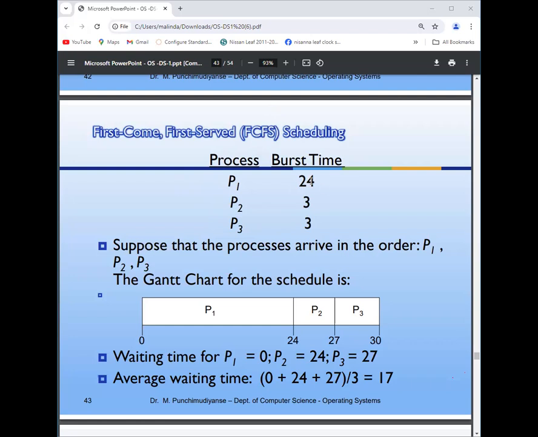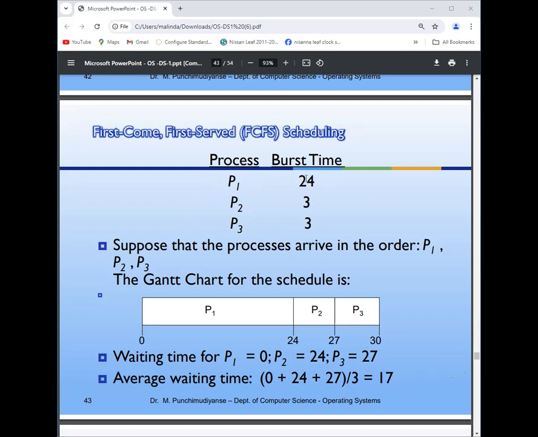Generally, we use milliseconds. So process 1 needs 24 milliseconds. Process 2 needs 3 milliseconds. Process 3 needs 3 milliseconds. Now, the order of input is given from top to bottom. P1 came first, P2 came second, P3 came last, right?